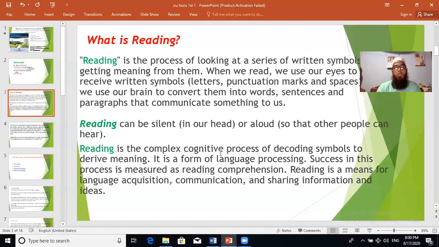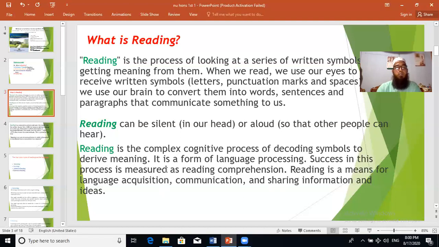Reading is the complex cognitive process of decoding symbols to derive meaning. So like the first definition, when we read from symbols, we get some meaning. It's a form of language processing. So reading is one kind of language processing that happens in our brain.